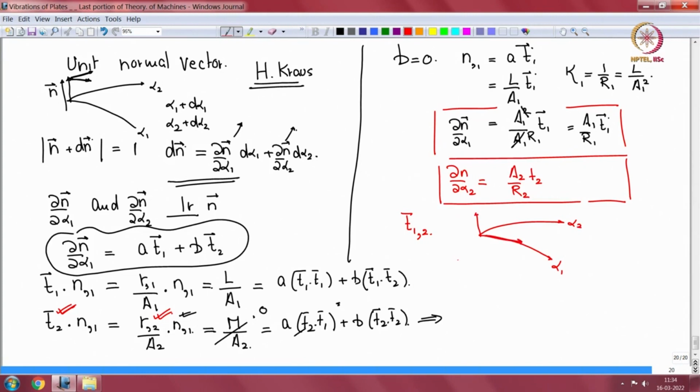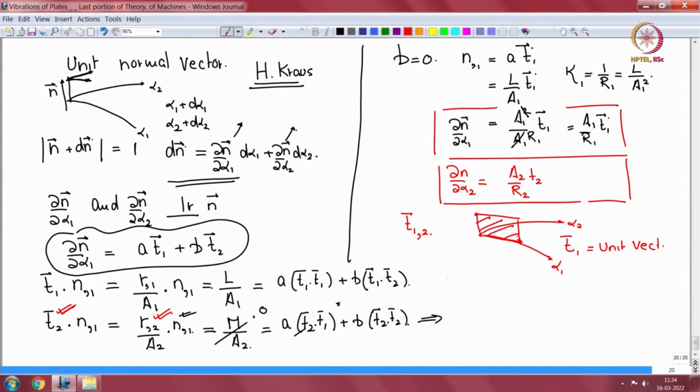Okay, so it is the derivative of T1. T1 is again a unit vector, sorry, a unit tangent vector. So its derivative will lie in the n and alpha 2 plane. It will lie in this plane.